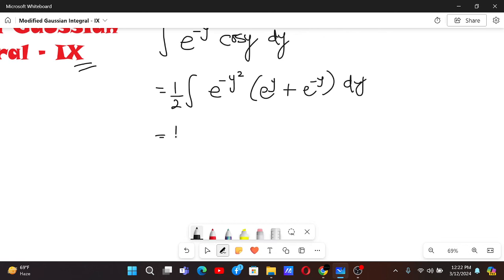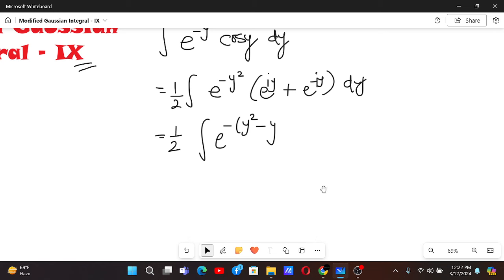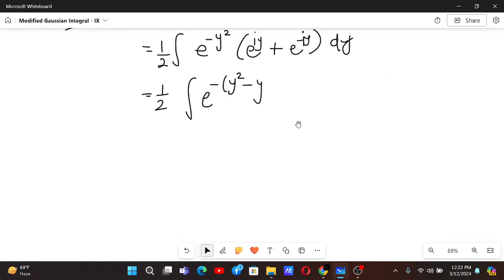This will be e to the power minus of y square minus iy, because I have taken minus common, plus e to the power minus of y square plus iy.